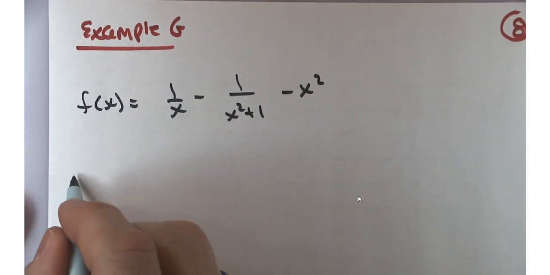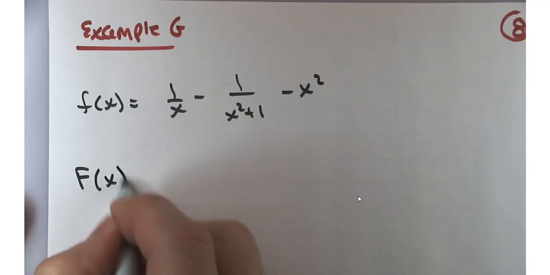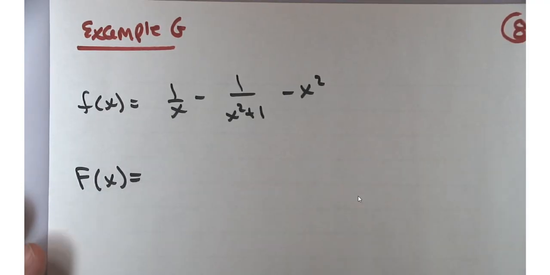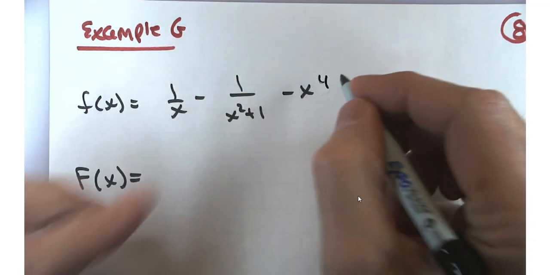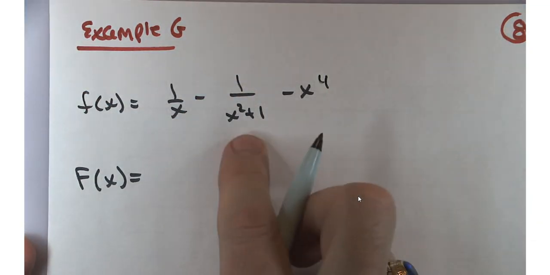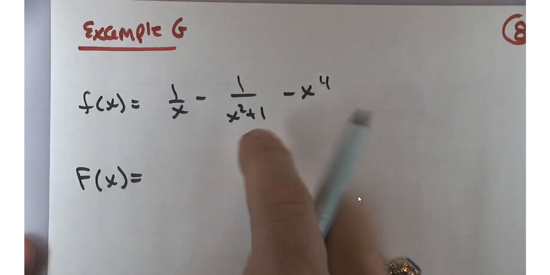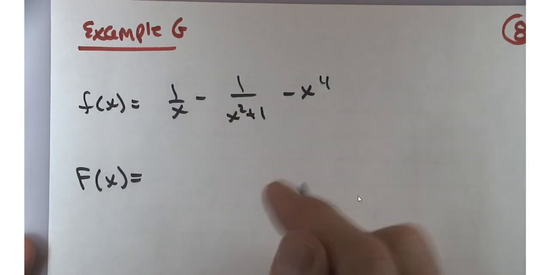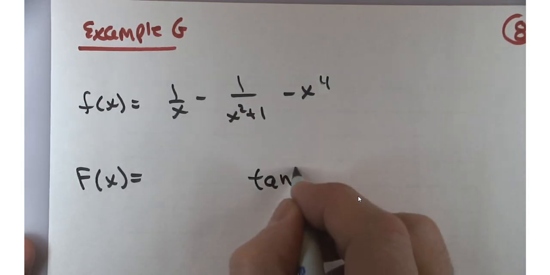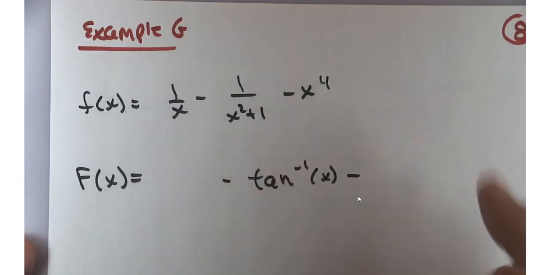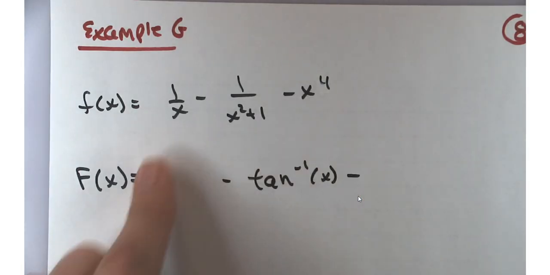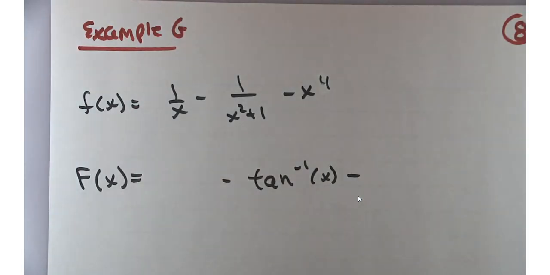So in terms of the antiderivative, was it x to the 4th? My bad, thank you. X to the 4th. So in terms of the antiderivative, let me help you out with this middle term. What you differentiate to get this is the tangent inverse of x. But what I'm counting on you for is these other two terms. What do you differentiate that gives you 1 over x? Laura?